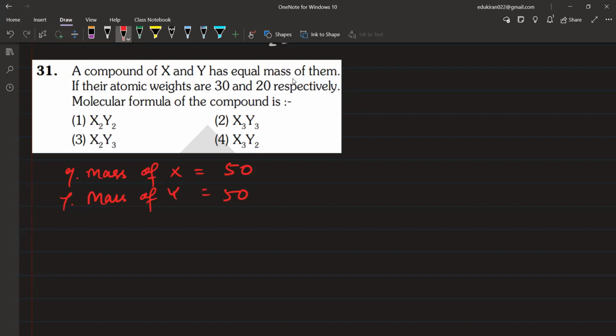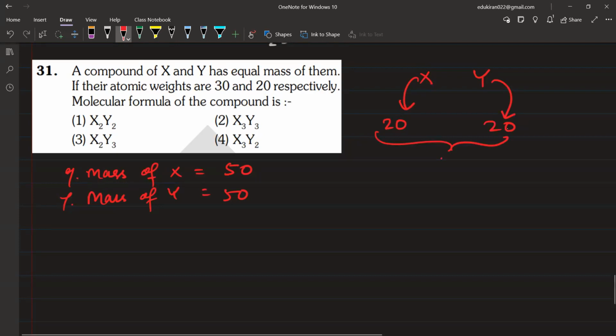In a compound, there is X and Y. If the mass of X, let us suppose, is equal to 20, then the mass of Y will also be 20. Then what will be the mass of the whole compound? 40.